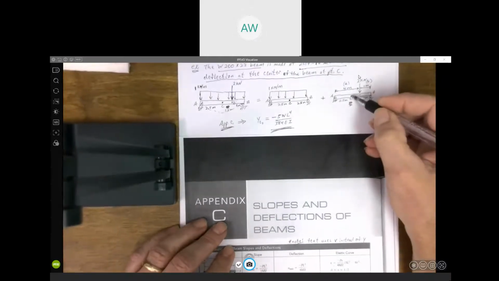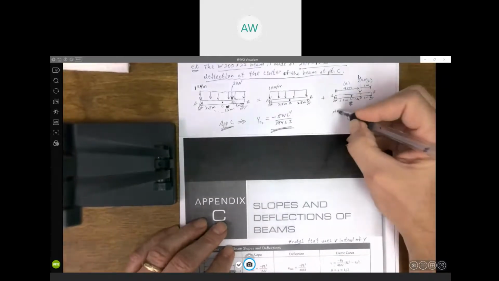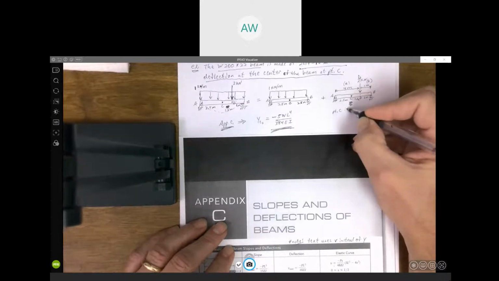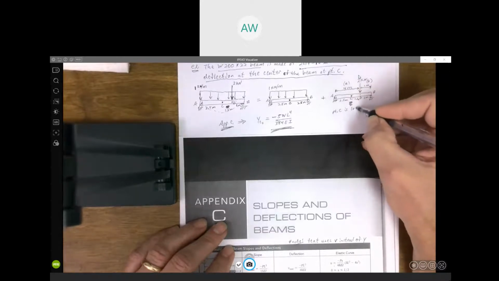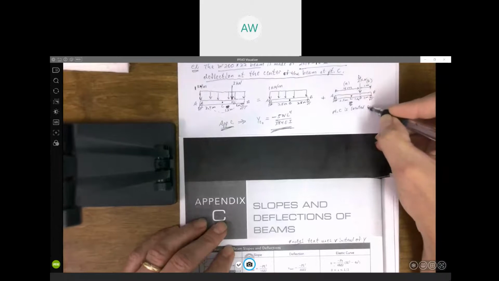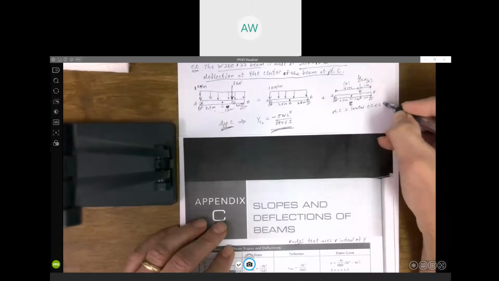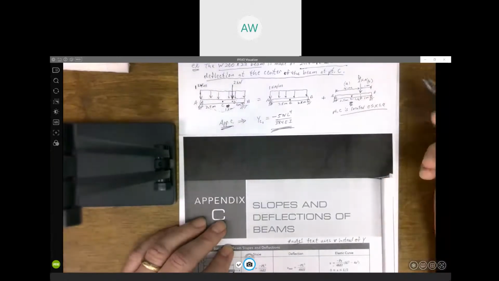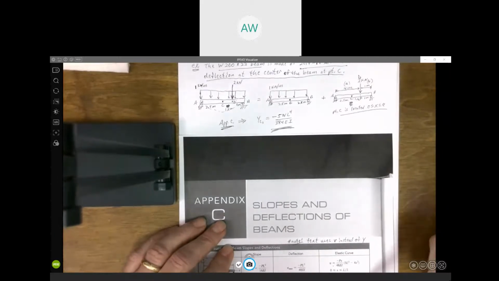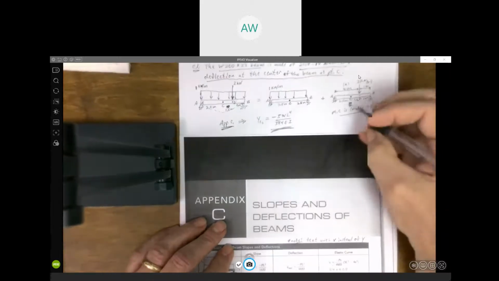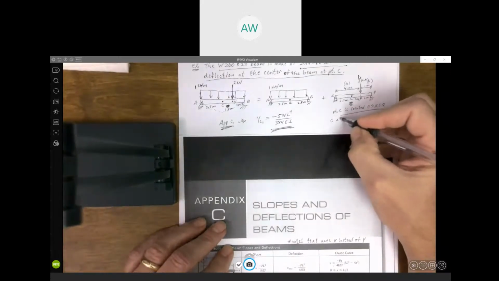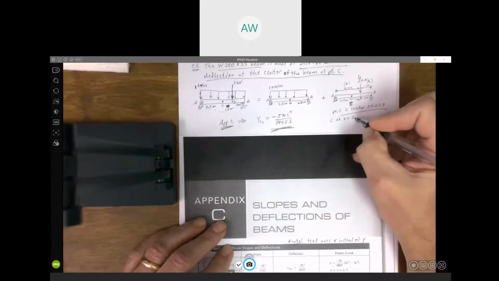And C is located between 0 and A. So this formula is valid. C is at x equals 2.5.